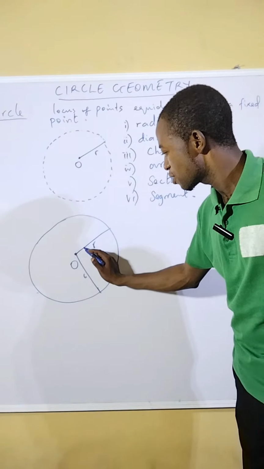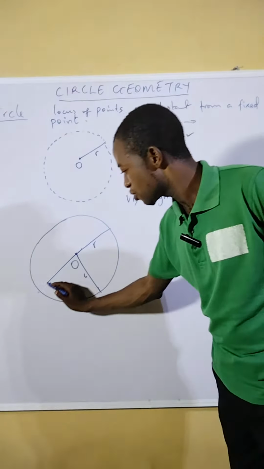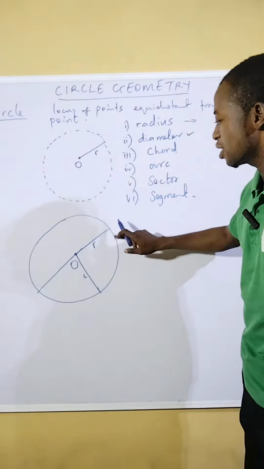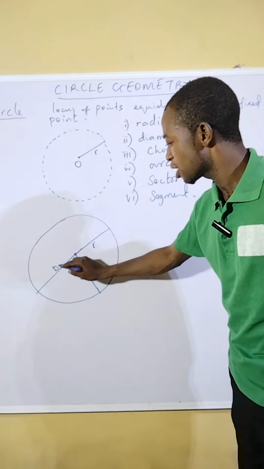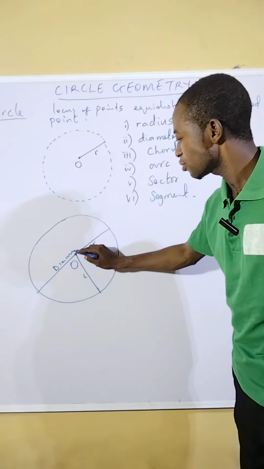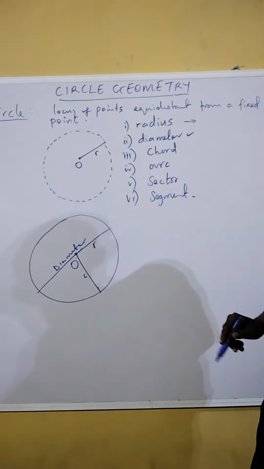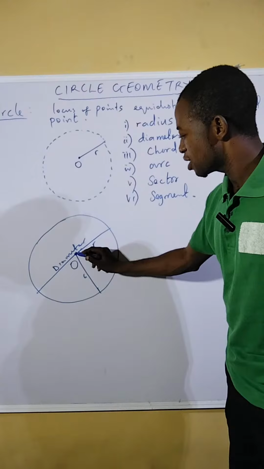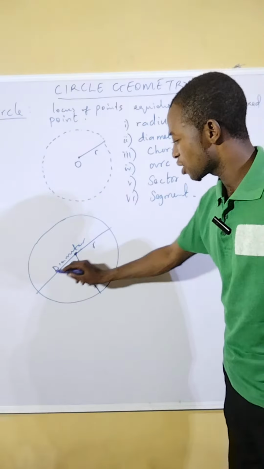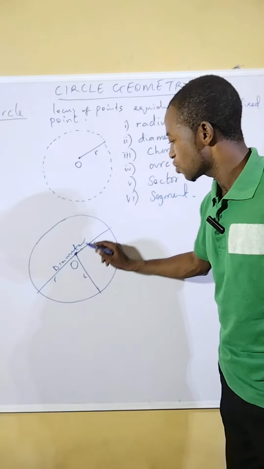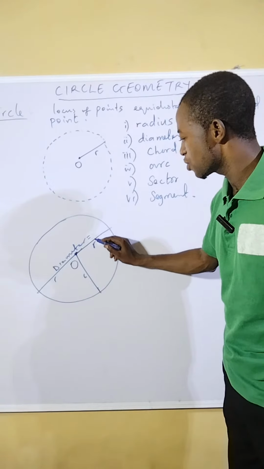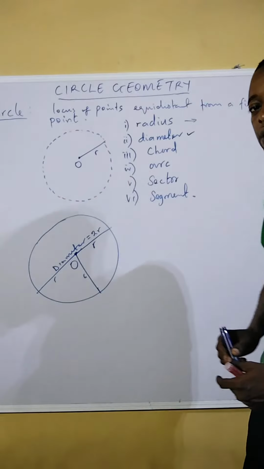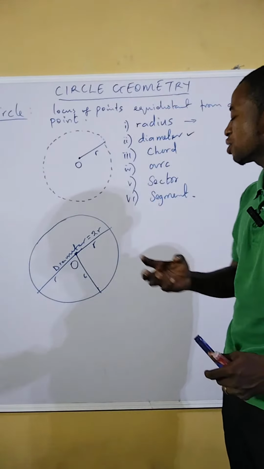So if I draw this line straight out, touching at this side and at this side, this line drawn now is a diameter. And from there, we discover that center to the circumference is a radius. Center to the circumference here is also a radius. So which means diameter is now 2 radius. That's R plus R. That's 2R. So diameter is equivalent to 2 radius.